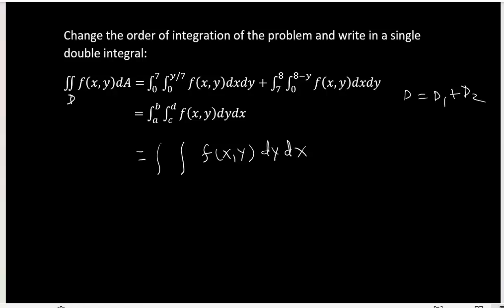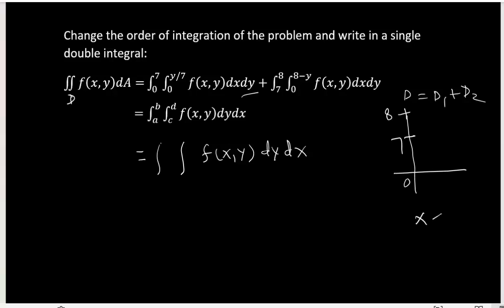So if you look at the first one, you have the y limit going from 0 to 7. And next, the y limit goes from 7 to 8 here. Now what happens to the x limit? So x goes from 0 to y over 7.